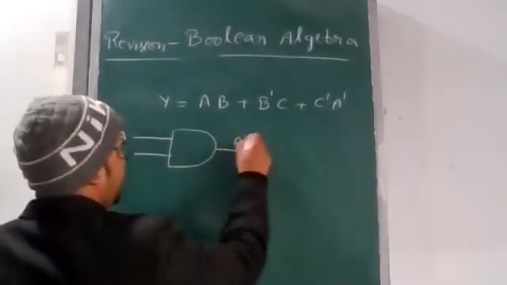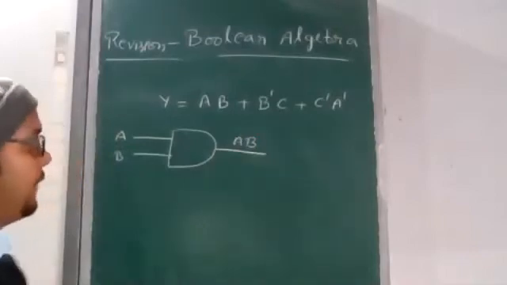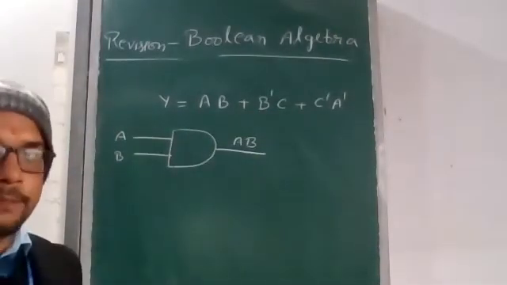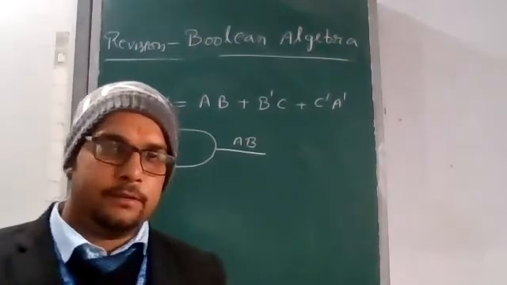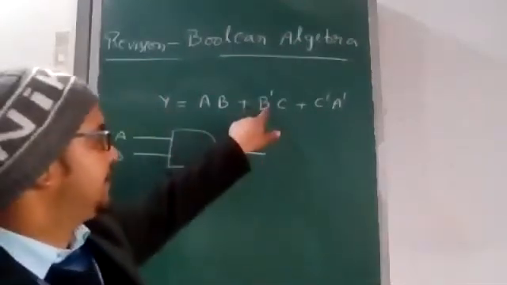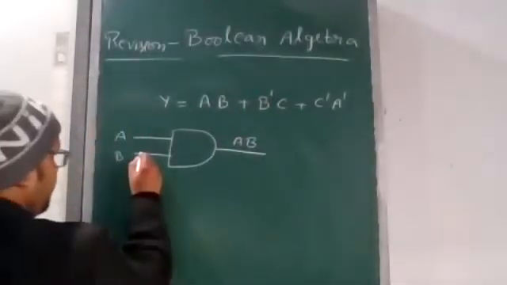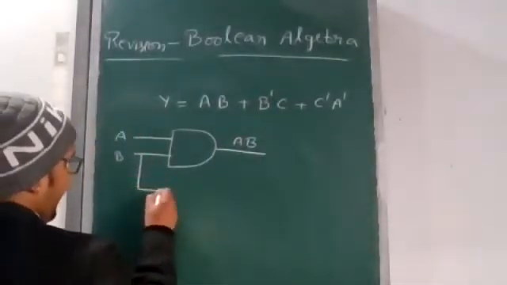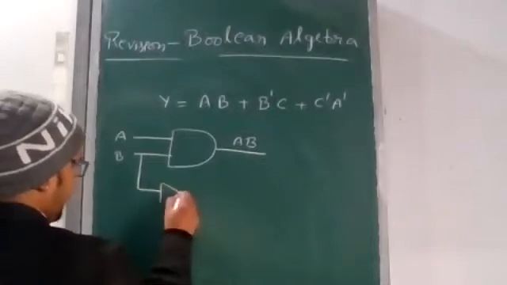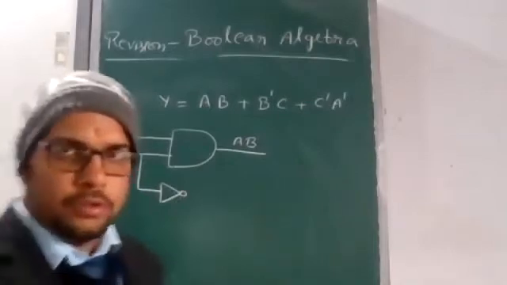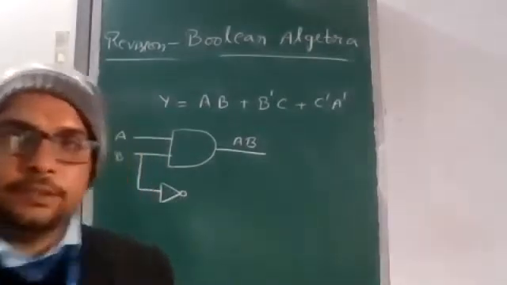The result of this is AB. After that, B complement is given. B complement means NOT gate. Where complement is written, that means here we have to use NOT gate. So bring one line from here and make NOT gate. Sign of NOT is like a 0.